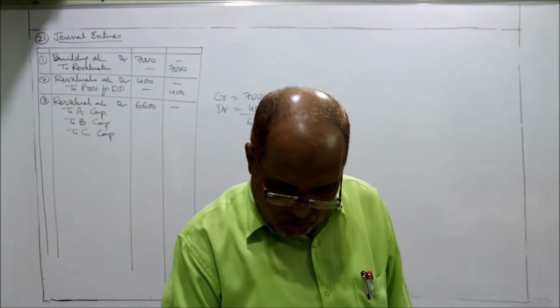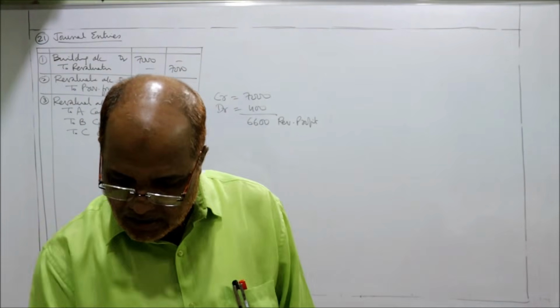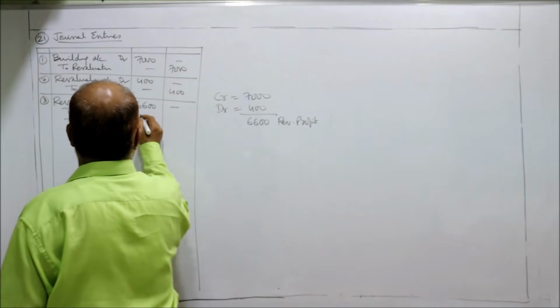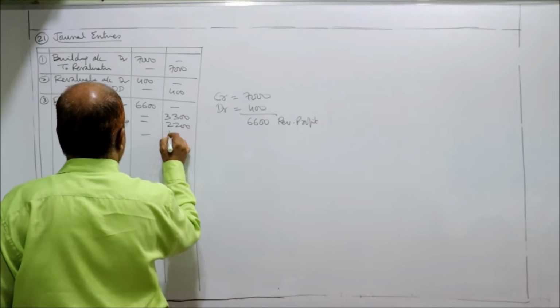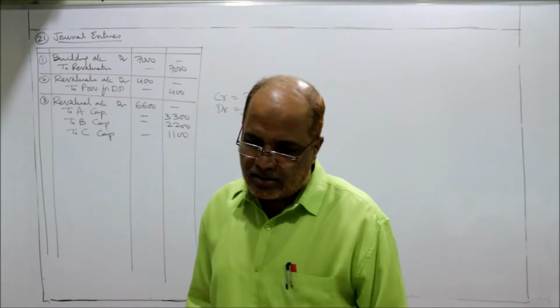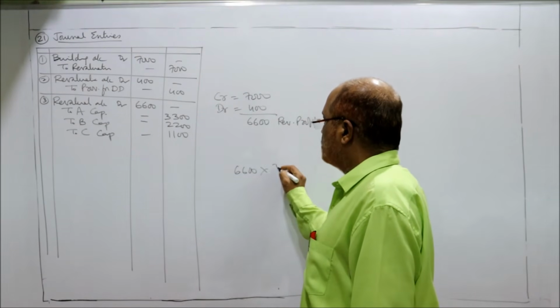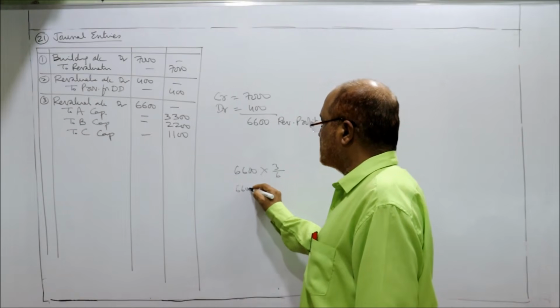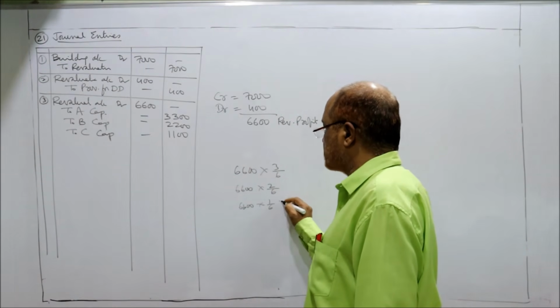The old profit sharing ratio was 3:2:1. 3/6, 2/6, 1/6. So you are going to get 3,300, 2,200, 1,100. You calculate 6,600 into 3/6, 6,600 into 2/6, 6,600 into 1/6.